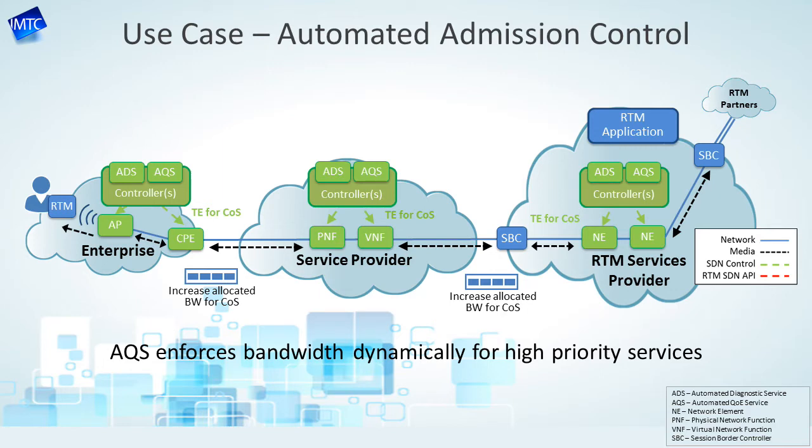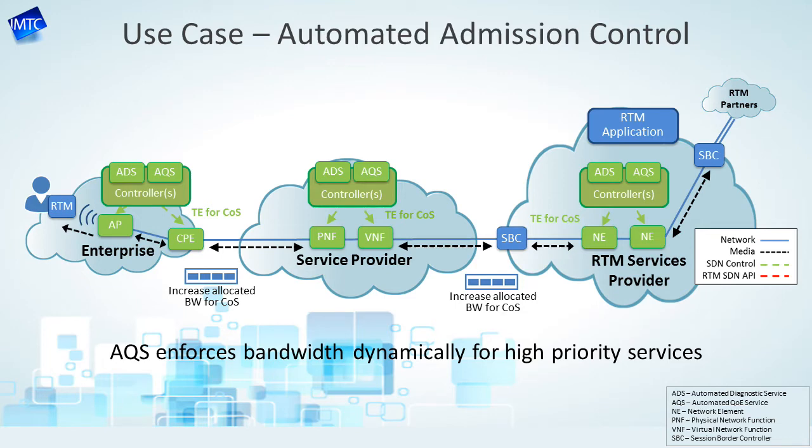So it's important that you protect existing calls, both within an enterprise and across enterprises. You don't want one enterprise impacting another. In this case, the SDN application can be a bandwidth broker for the high priority traffic. We're not doing this for all applications, just for the high priority applications.